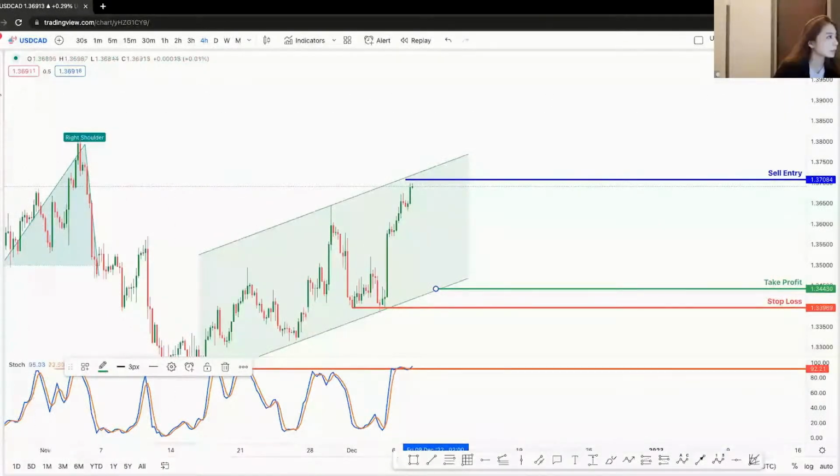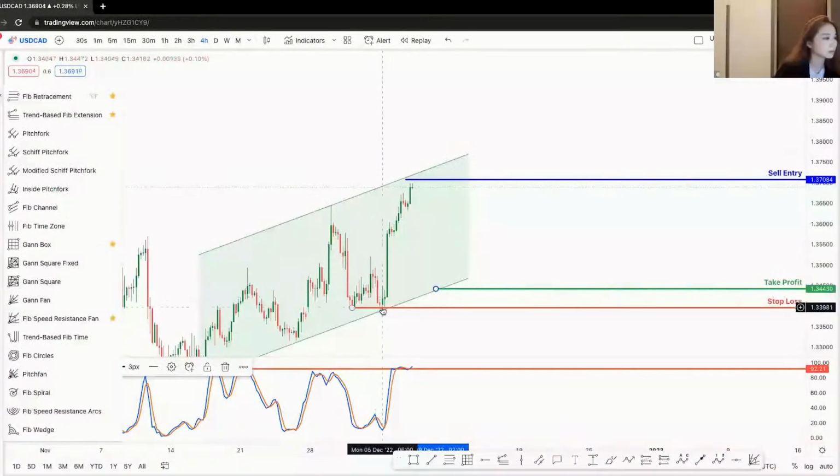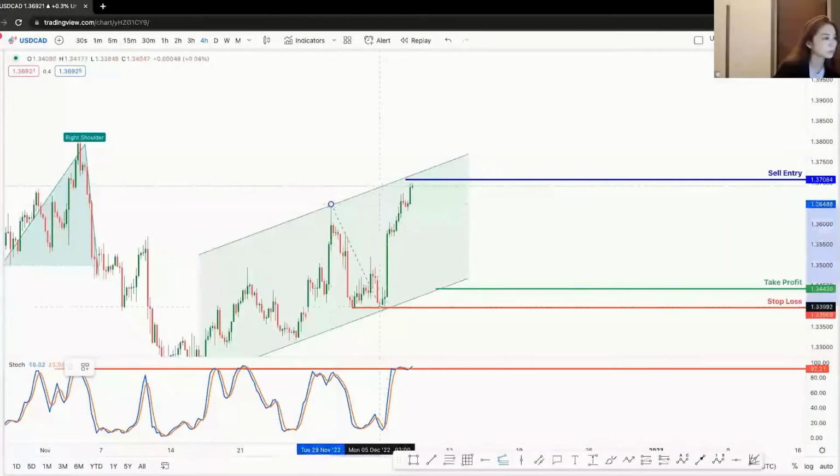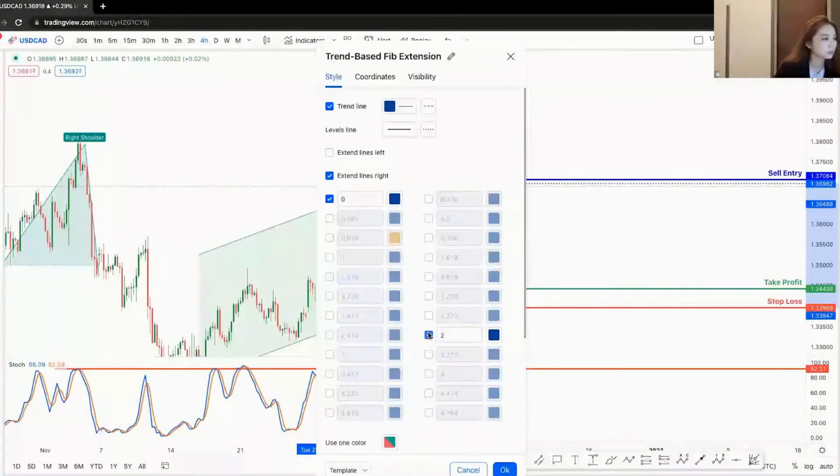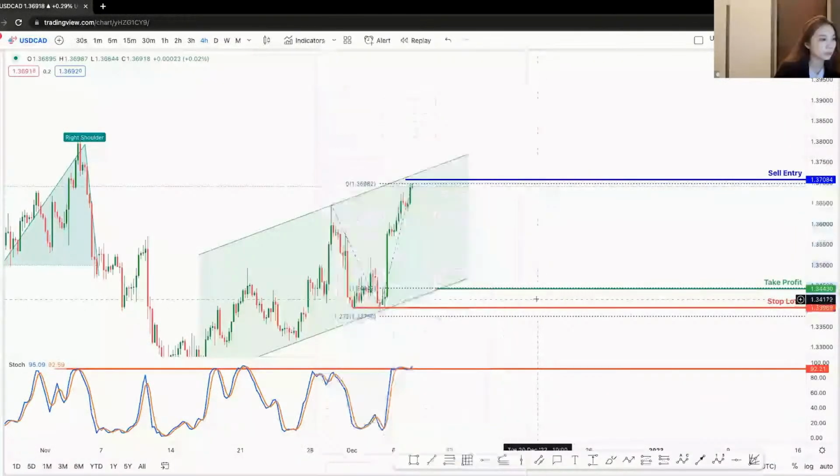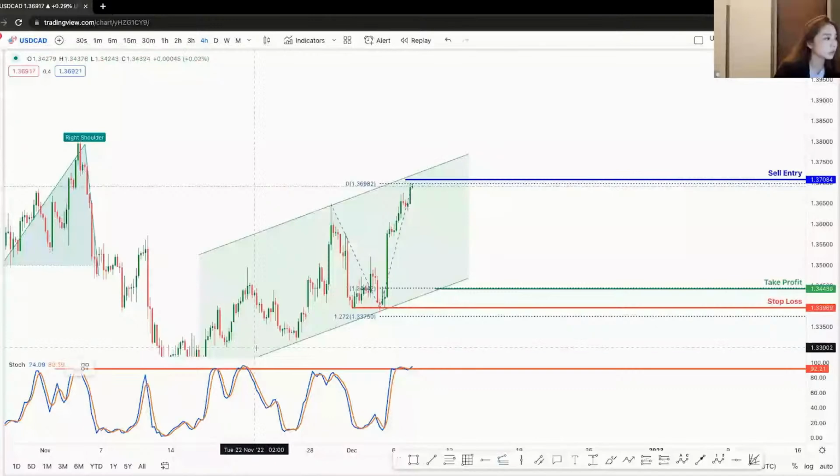All right, let's take a look. 100% for take profit, and we're looking at 127.2 for stop loss.